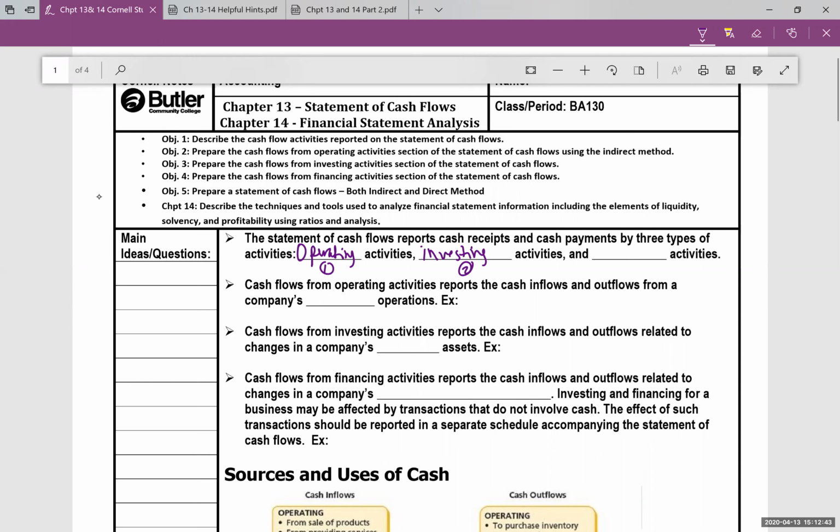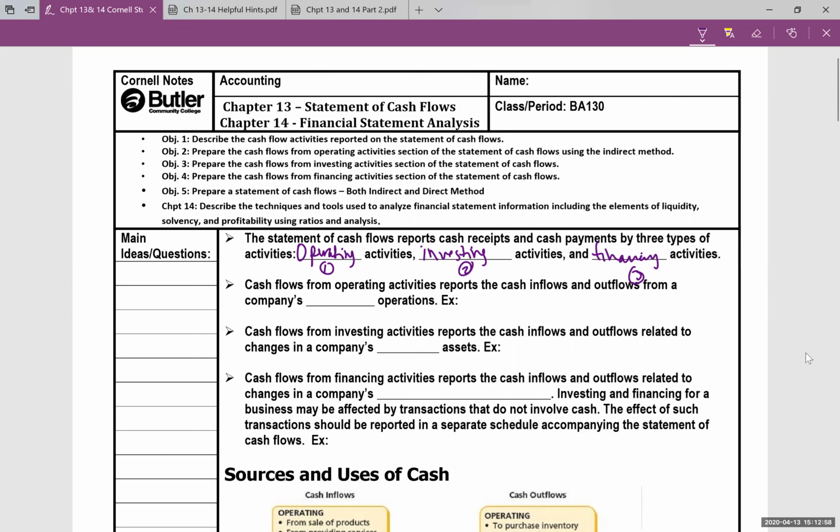Third type of activity is financing. So, cash flows from operating activities reports the cash inflows and outflows from a company's day-to-day operations.